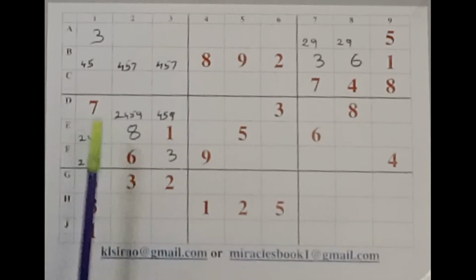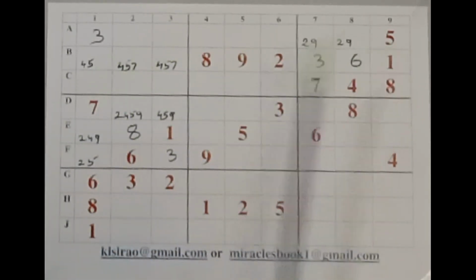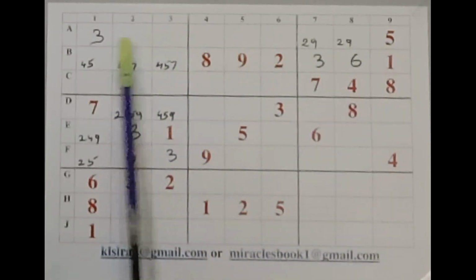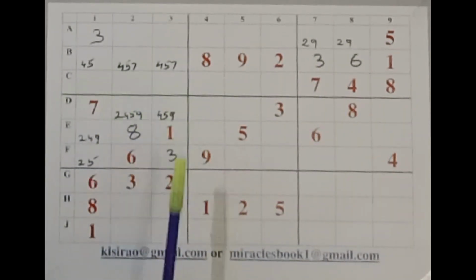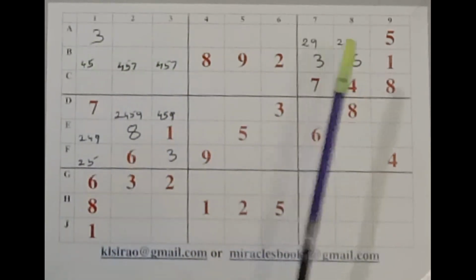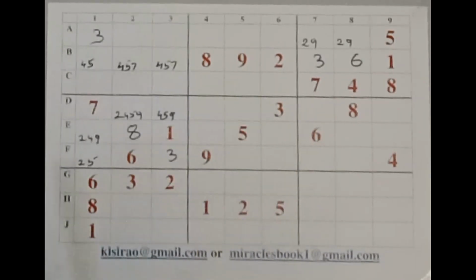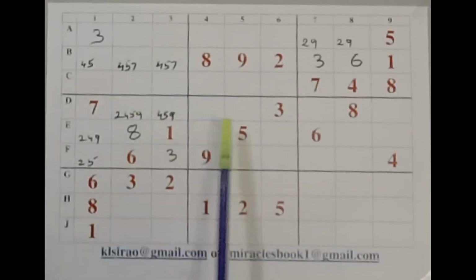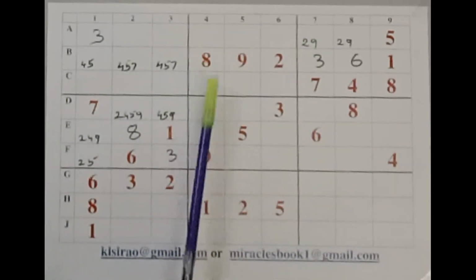Okay, we have come to this box. Let us see. 1 just once. 2 here, 2 here. 2 can take one of these 2 places because of this 2. 3 here, 3 there. 3 can get one of these 2 places. 4 gets these 3 places. 5 gets a place here.